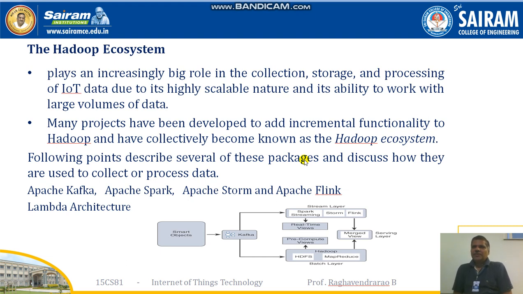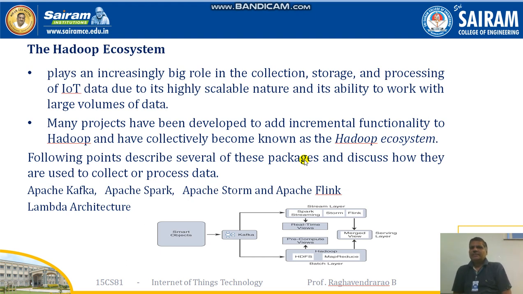Many projects have been developed to add functionality incrementally to Hadoop and have collectively become known as the Hadoop ecosystem. It means it is not only one system, it is a collective set of tools. There is one example here.